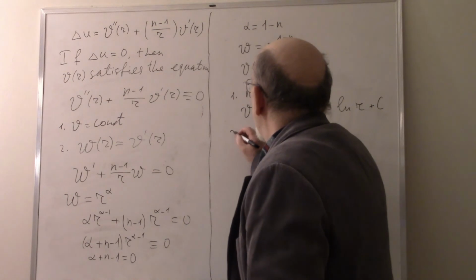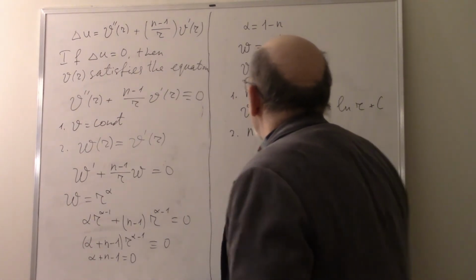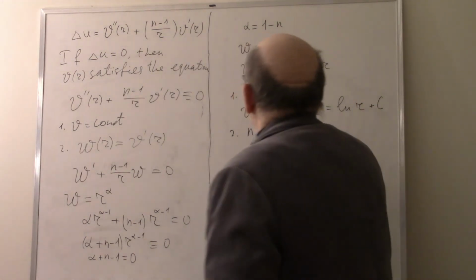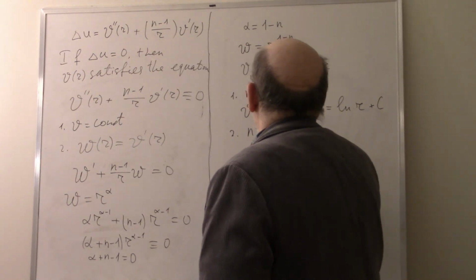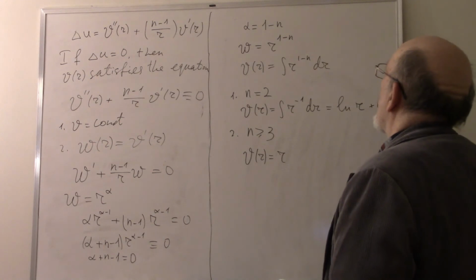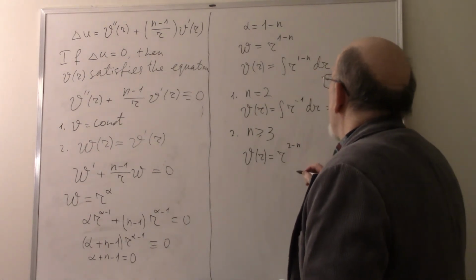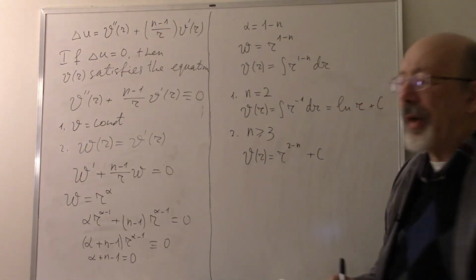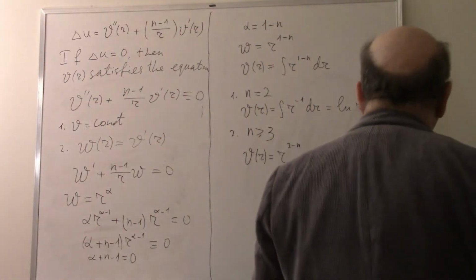Second, n more or equal than 3. In this case, v of r equals r to the power 2 minus n plus c. Now say if n equals 3, it is r to the power minus 1.